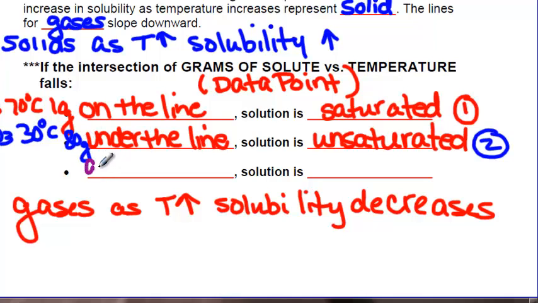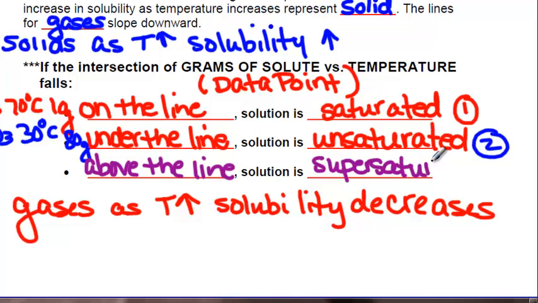And if it is above the line, the solution is supersaturated. And we'll call this number 3.